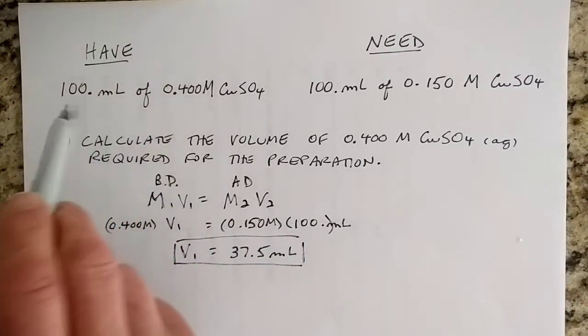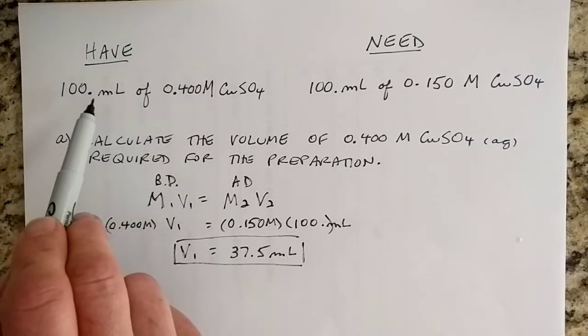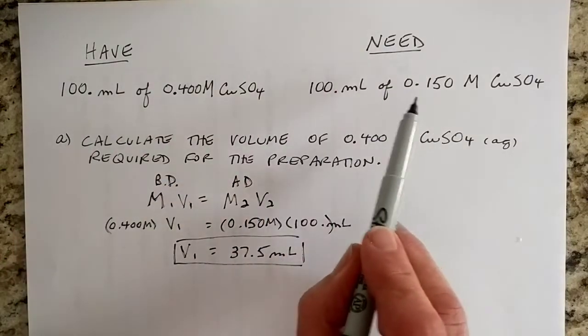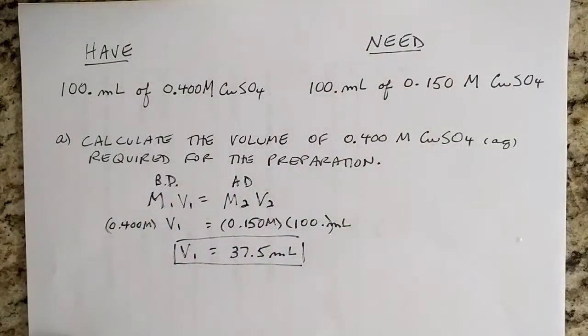So that is how much we need of the 100 milliliters in order to make the diluted solution that we need. So I think that might be the problem. You might be tempted to put 100 in here, but you're not going to use up all of your initial solution. You're only going to use some of it.